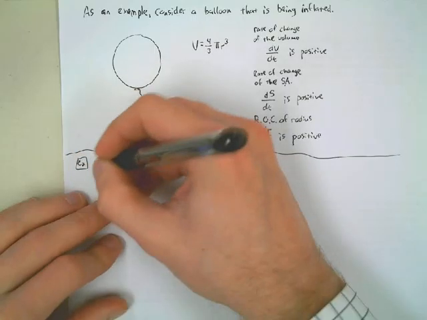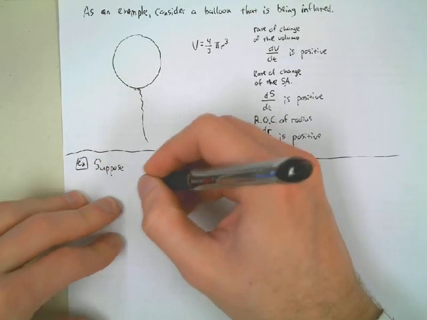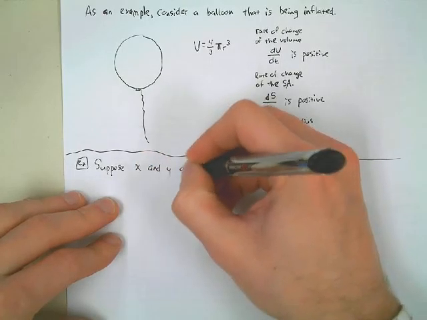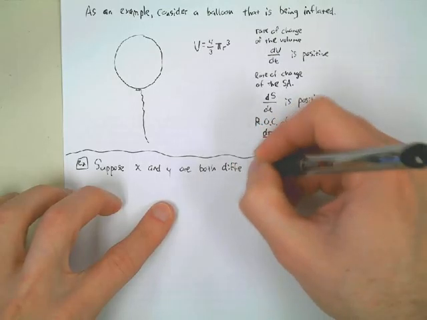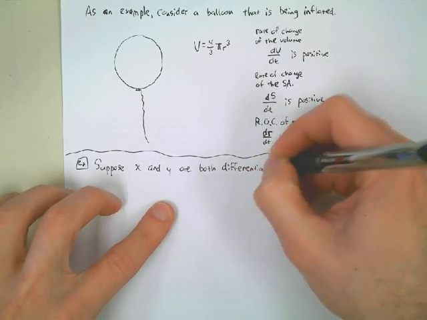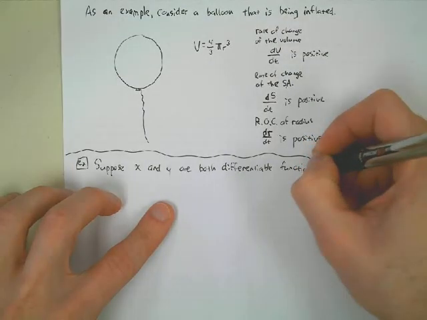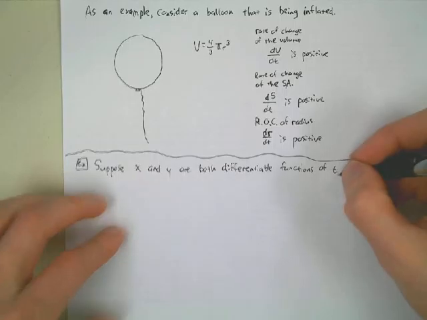So let's suppose x and y are both differentiable functions of t. So x is a function of t.